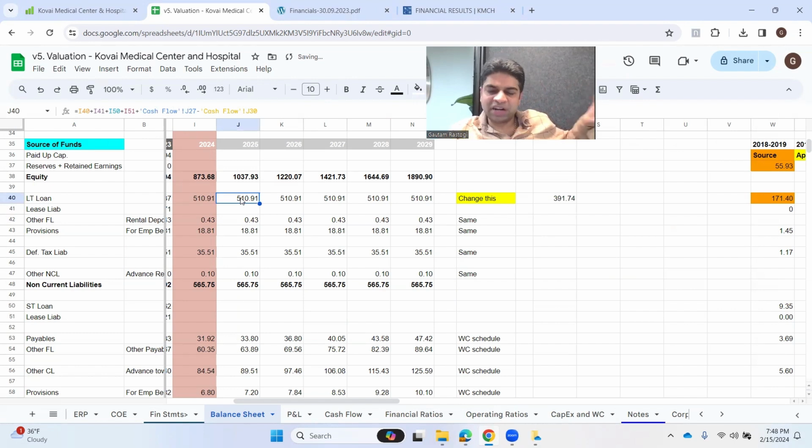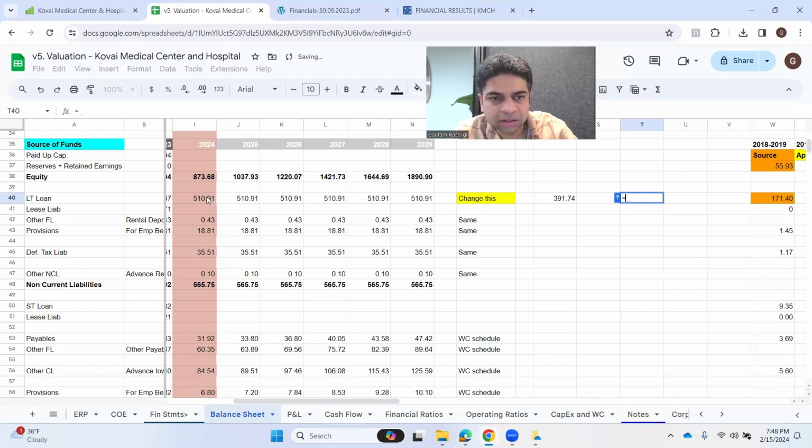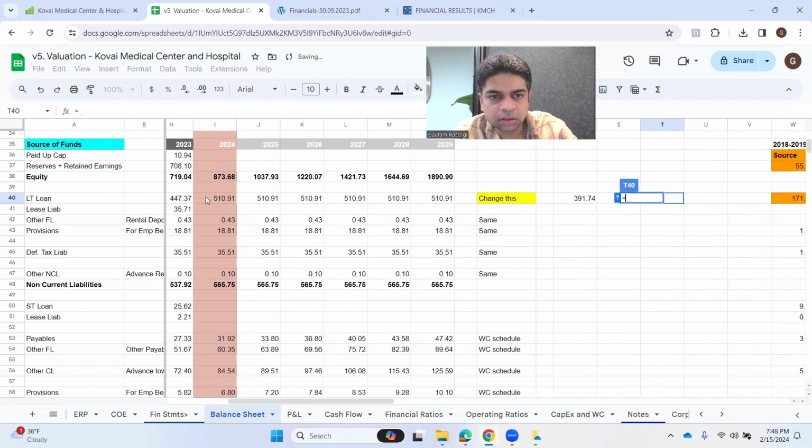What we have taken is 510. This is annual, and what they are saying as of 6 months is 391. So they have reduced their debt. That means, okay, how much have they reduced it by? Our debt is higher, so we'll have to reduce debt by this number, 119 CR. Okay, we'll have to reduce debt by almost 120 CR.